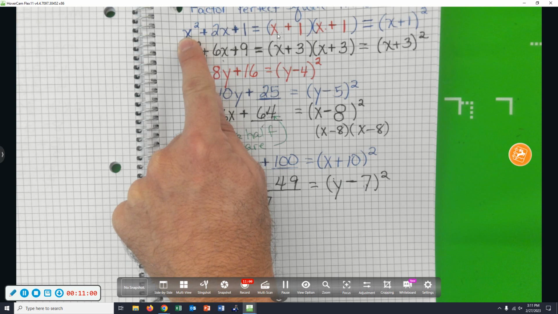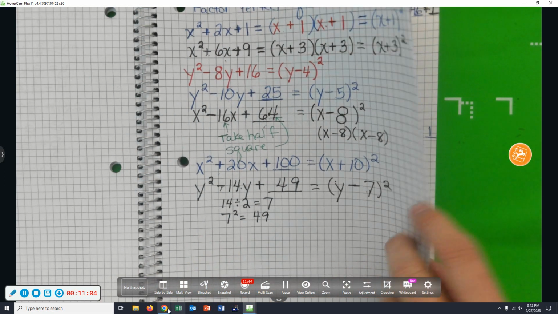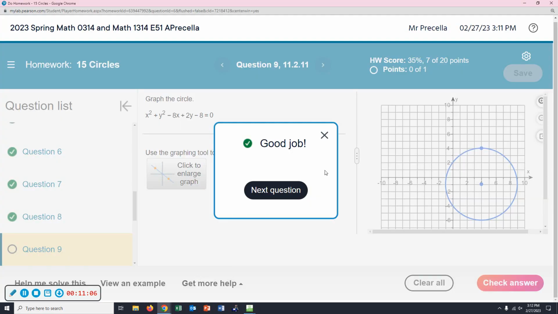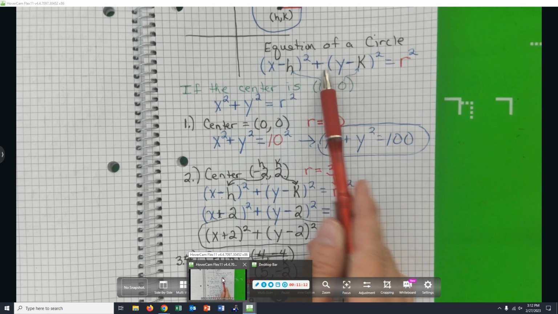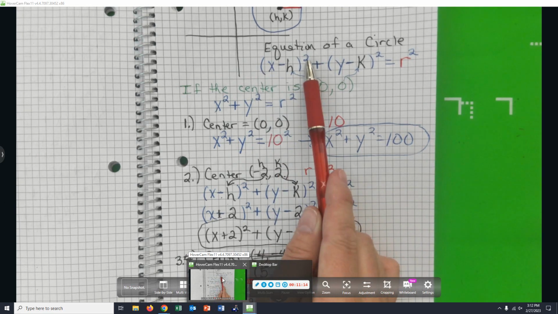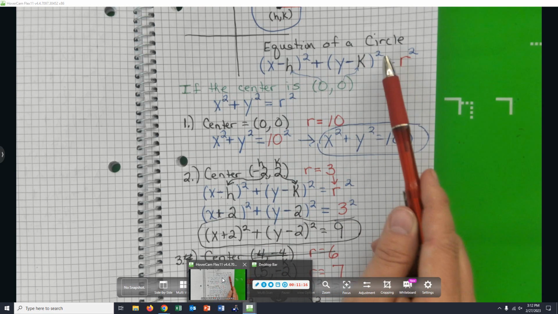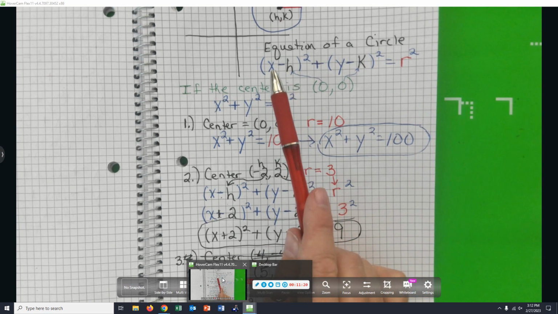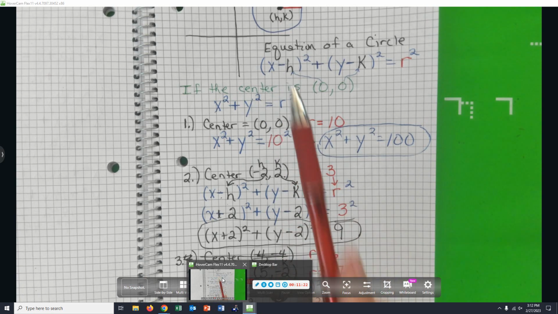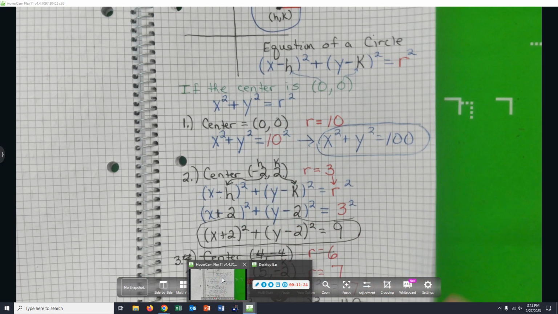No, because there would have had to have been a 3 here or there. Remember also, for center radius form, it has to just be an x. You can't have a coefficient on the variable in those parentheses. It's just an x that's being squared and a y that's being squared.